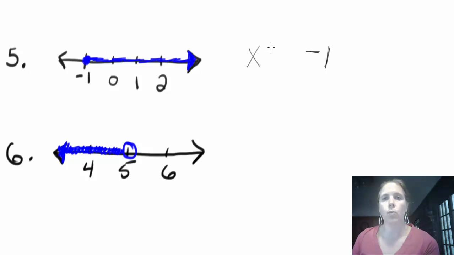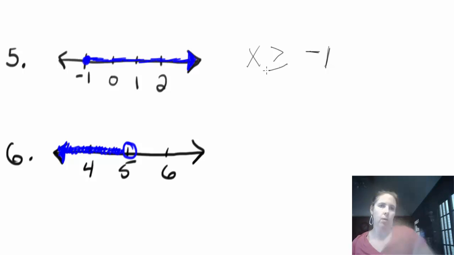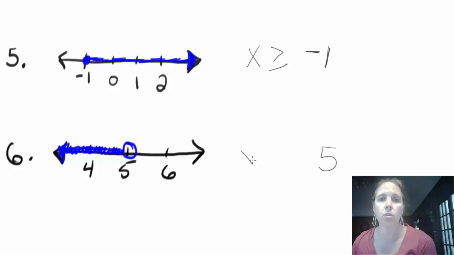It's shaded to greater than or equal to -1. Okay. Moving down, this one, our number is 5. It's not shaded, so it won't be an equals to. And it's shaded less than the 5. So x is less than 5. It's shaded down here where 4 is less than 6. So that's how we know that it's shaded less.